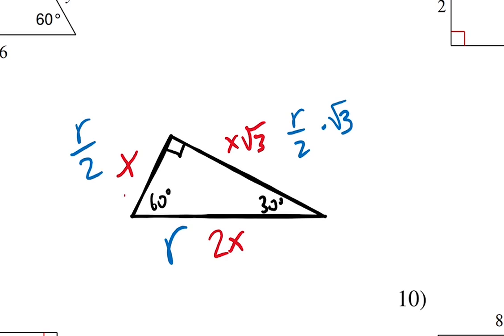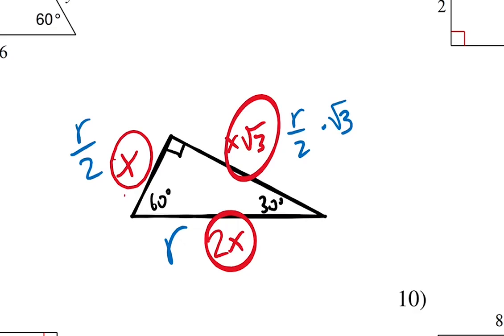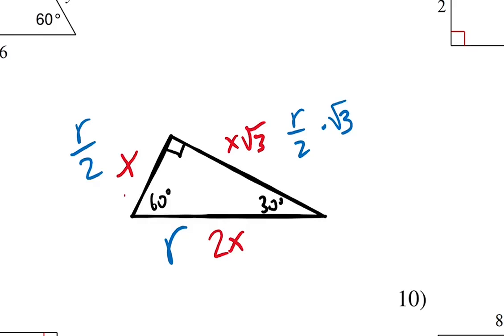This time I chose to make the shorter leg x, but notice how the hypotenuse is still double the short leg. The long leg is still the short leg times the square root of 3. The proportions are all the same. How you label it exactly is not as important as preserving those ratios, those multipliers.